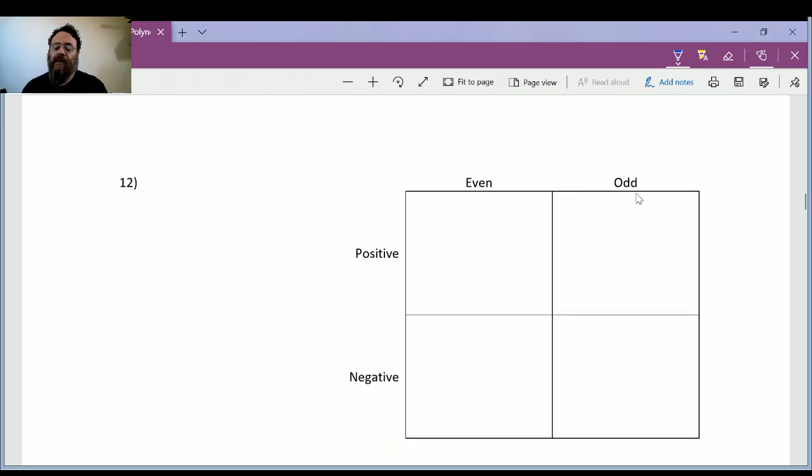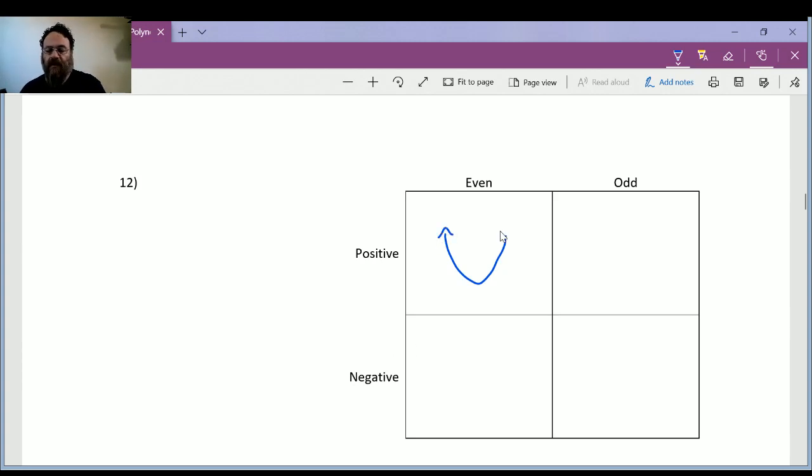Okay, this one here, number 12, you're going to reference this all the time. If we were in regular class type situations, when a test would come, I would recommend that the very first thing you do when you get your paper is to draw this Punnett square. An even positive function basically has that shape. It's poorly drawn, but you get the idea.